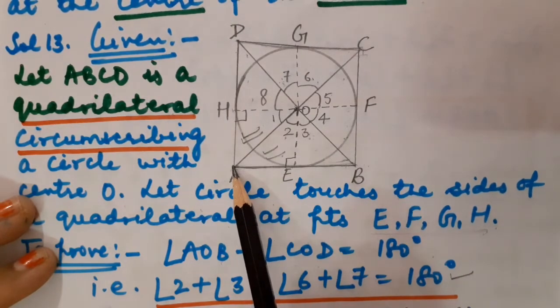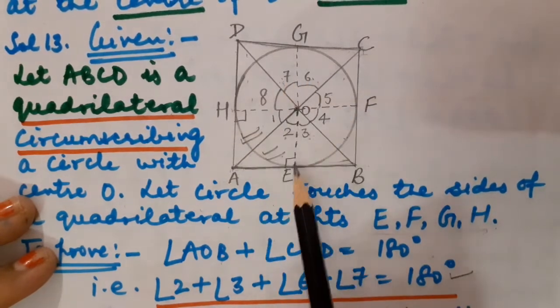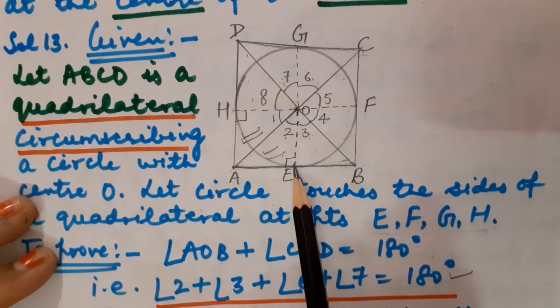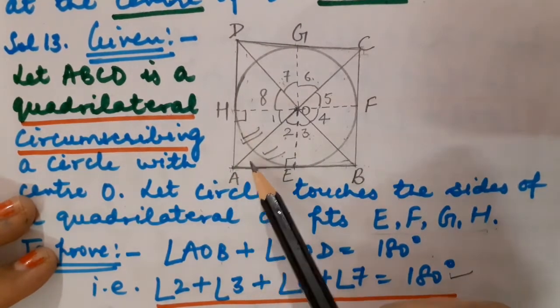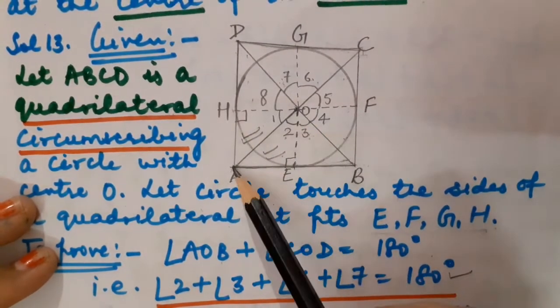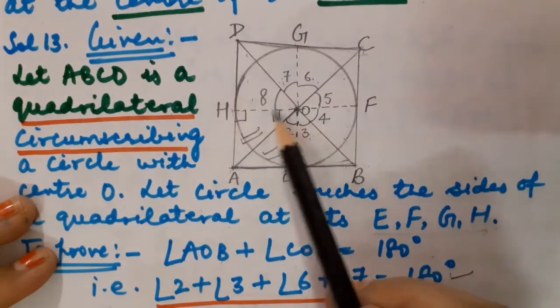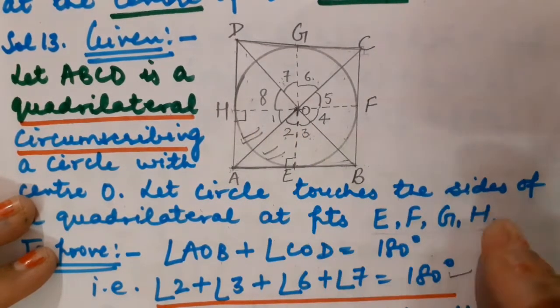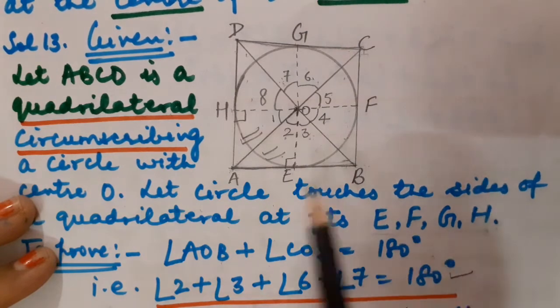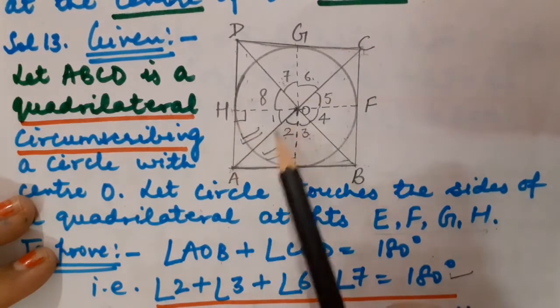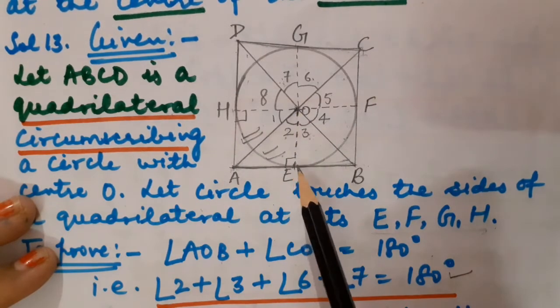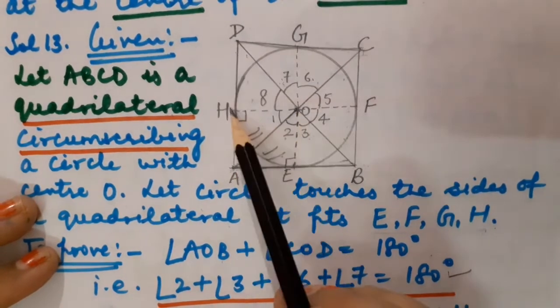Because the length of the tangent from an external point to the circle, up to the point of contact, is equal. So AE is equal to AH. This AO is common and OE is equal to OH. Why? Because they are the radii of the circle. So by SSS congruency criteria, I can say that triangle AOE is congruent to triangle AOH.